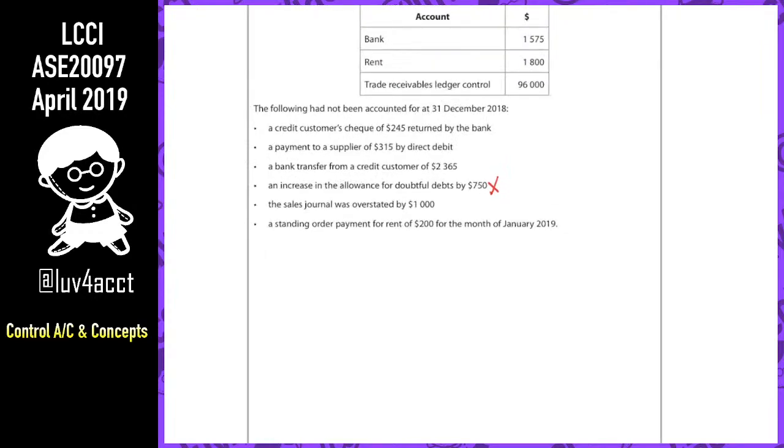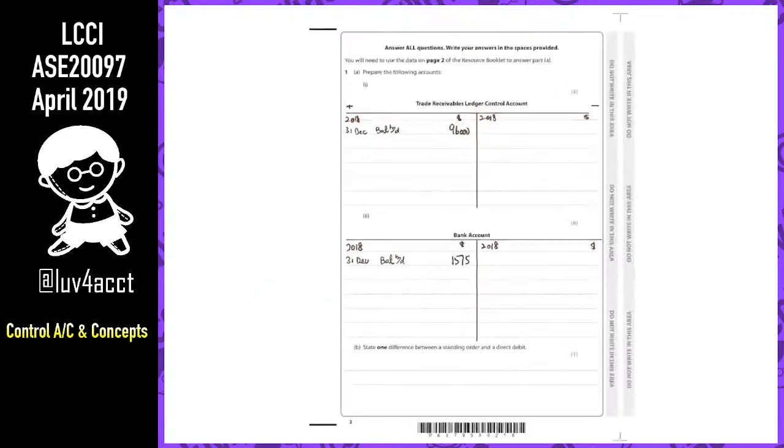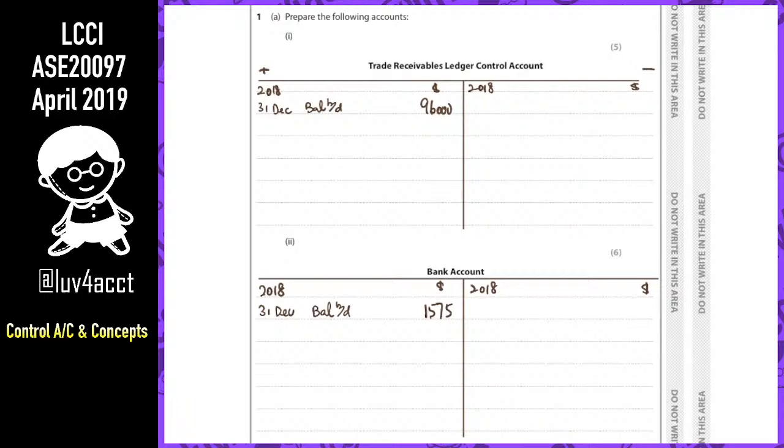Since these transactions happened before year end, we have to make adjustments. So everything will be dated the 31st December year 2018. Only the balance brought down will be on the 1st of January year 2019. Credit customer's check 245 returned by the bank, 245, right?